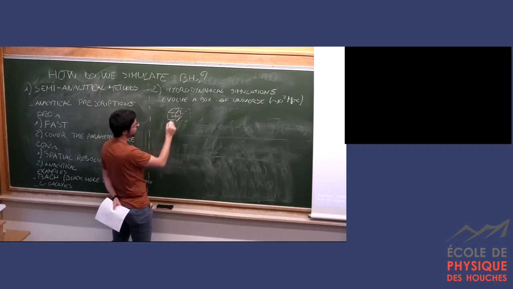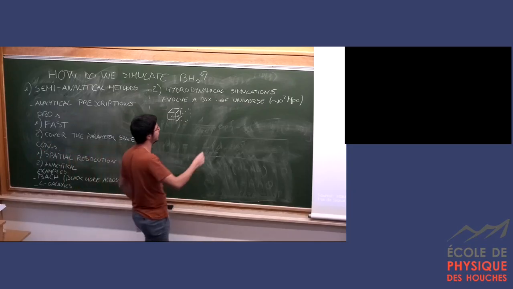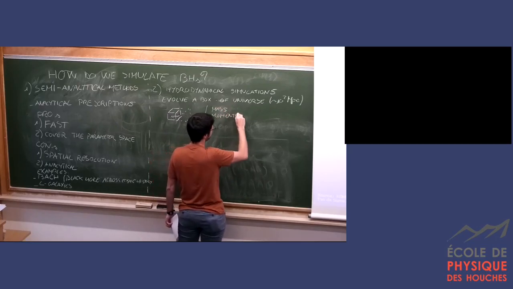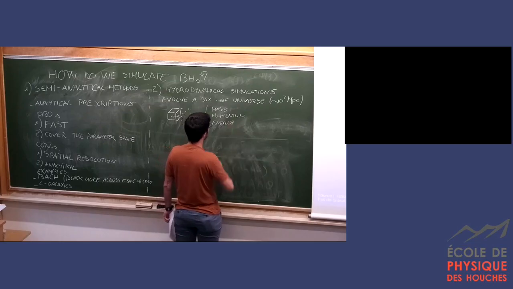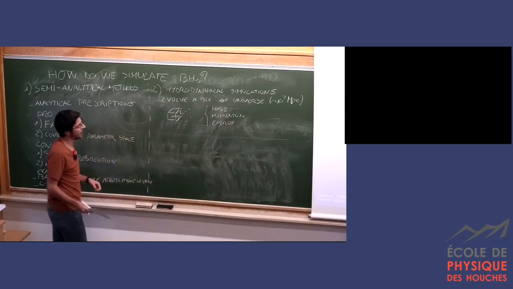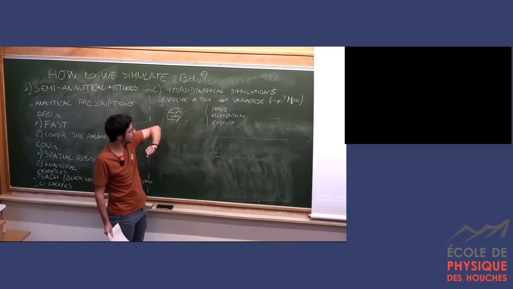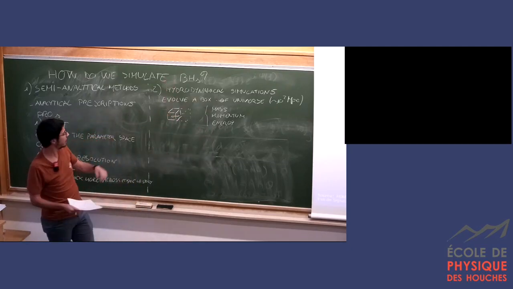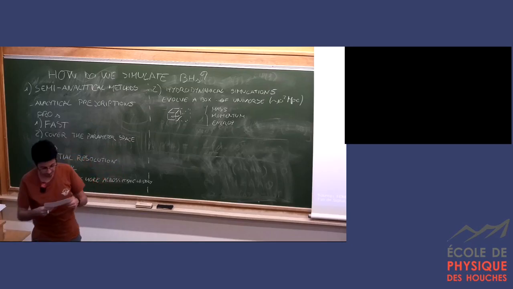Between the two cells, what this code does is to resolve mass, momentum, and energy. If you are familiar with hydrodynamics, this is the continuity equation, this is the Euler equation. So there is a set of partial differential equations. You end up with a system, and you have to solve it at the boundary between two cells.